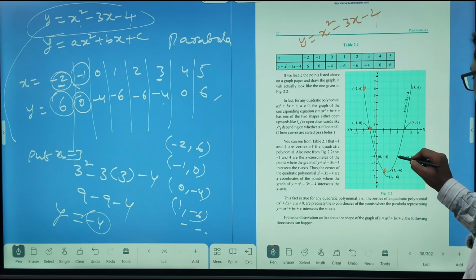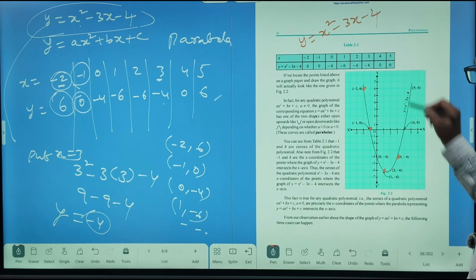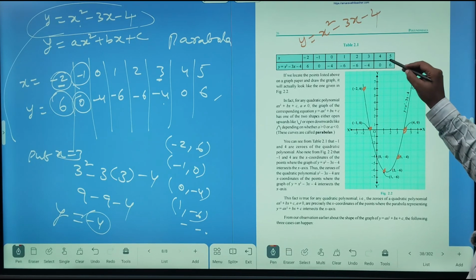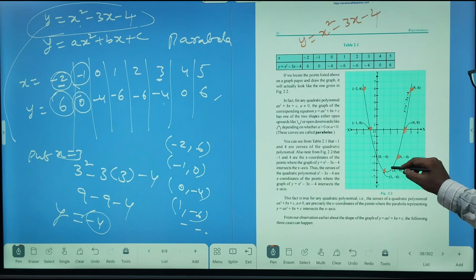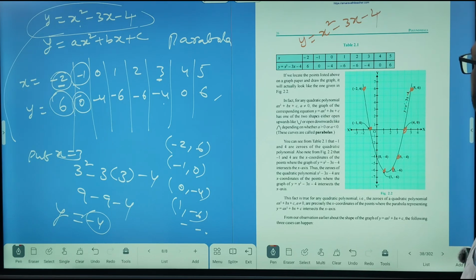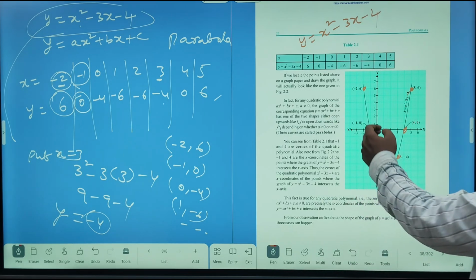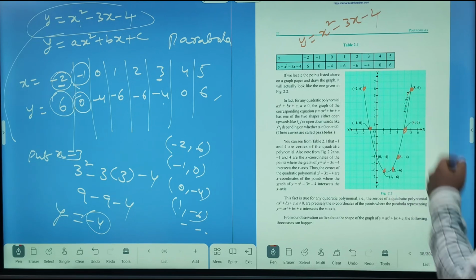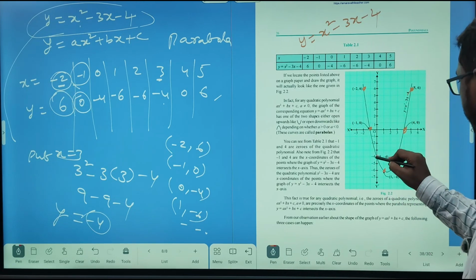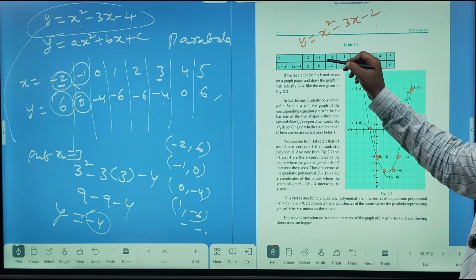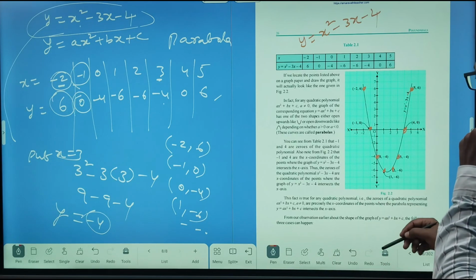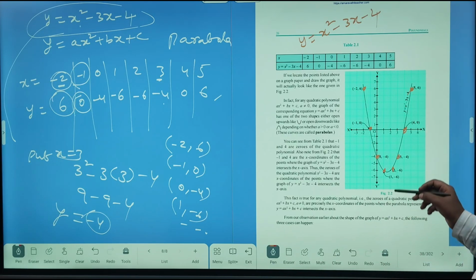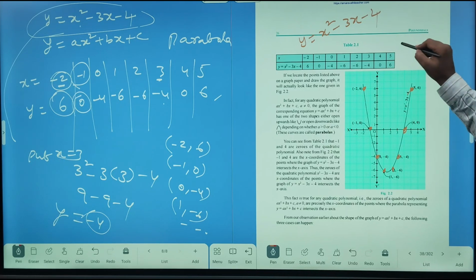And 3 comma minus 4. 4 comma 0. 5 comma 6. Corresponding to x equal to 0, we got the y value minus 4. Moreover, I represented totally 7 points here.